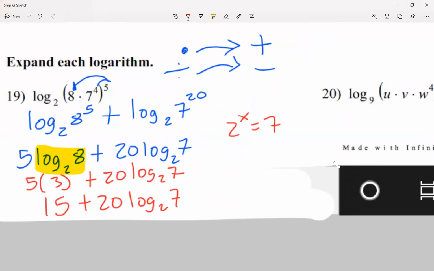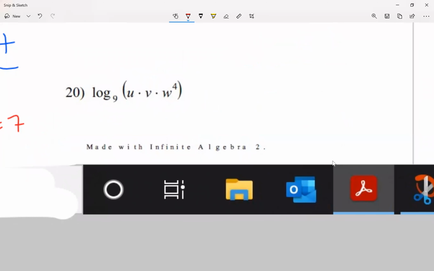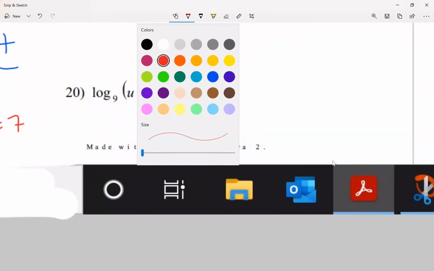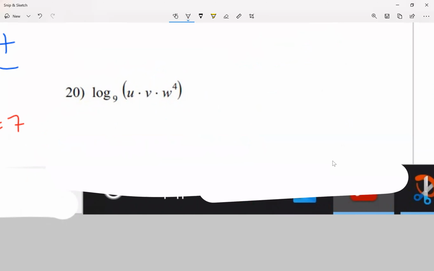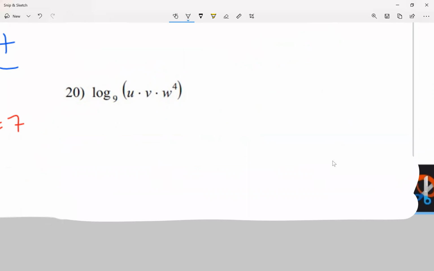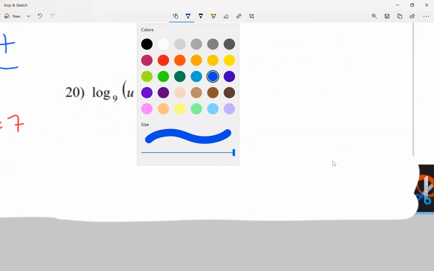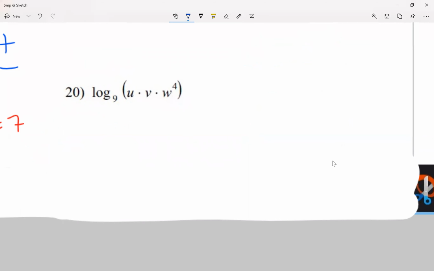Let's take a look at number 20. Let me open up some room here. Looking at the exponent, there's no exponent on the outside, so we're good. There's no exponent outside of the parentheses.